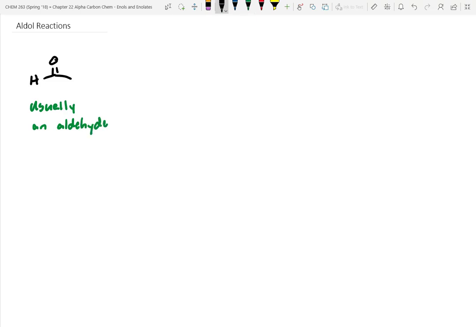And in this reaction, you're going to treat this with sodium hydroxide, typically, and water. And when you do this, you end up coupling two of these aldehydes together and forming a new bond.